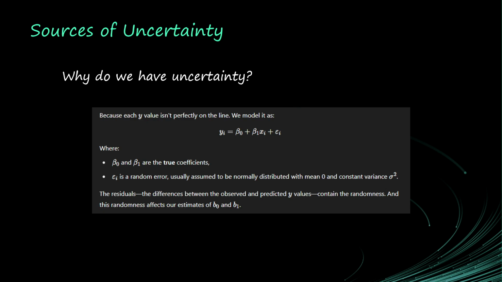The residuals, the differences between the observed and predicted y values, contain the randomness, and this randomness affects our estimates of b0 and b1.